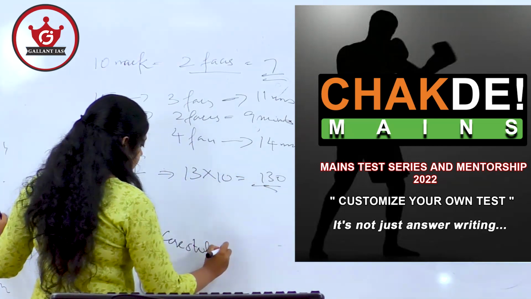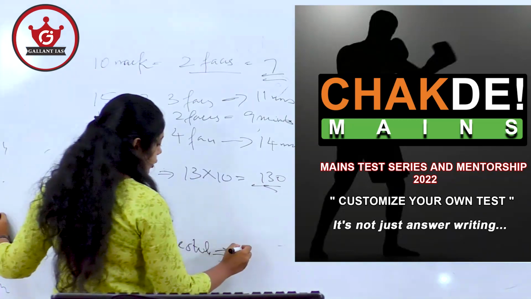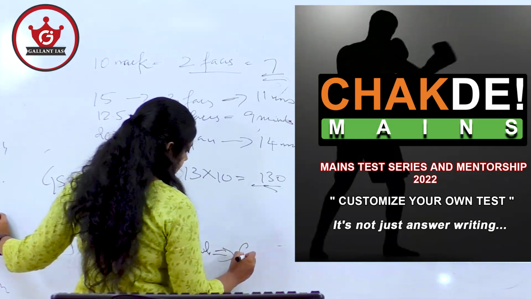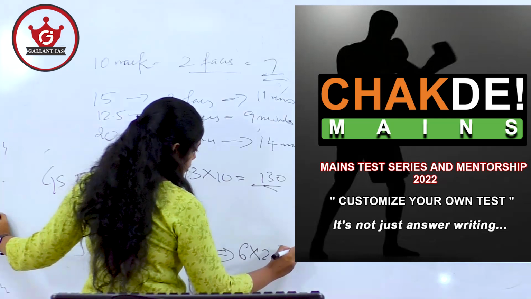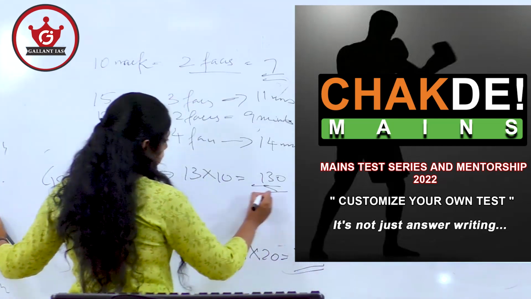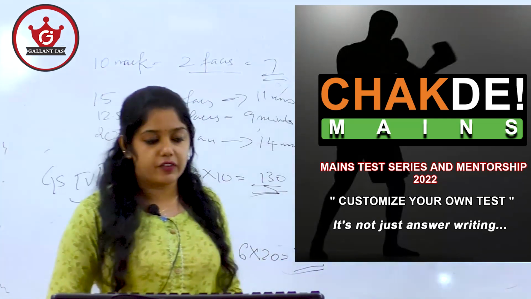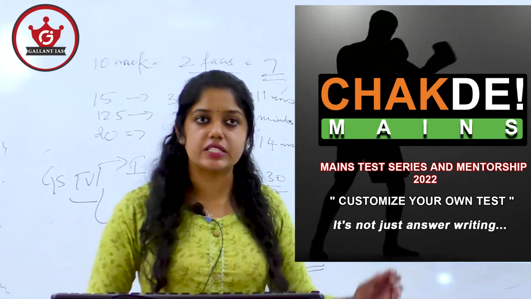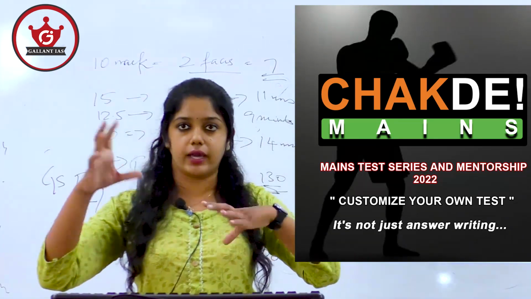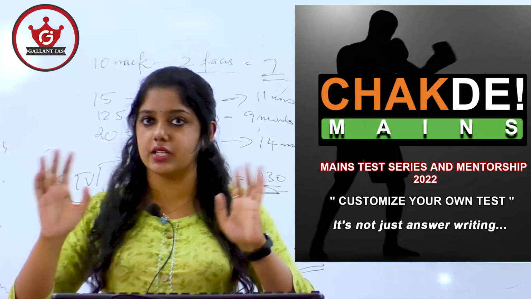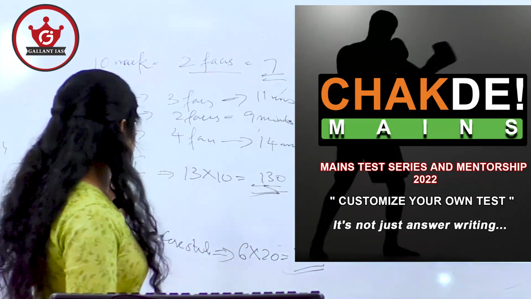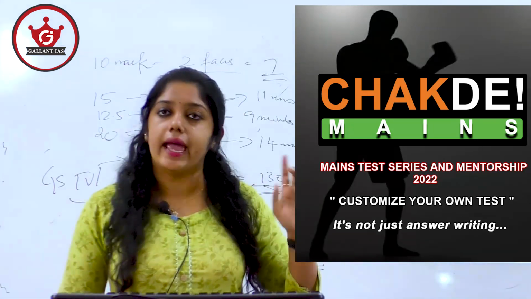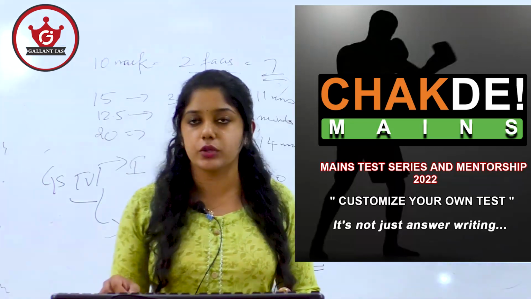And in the subpart of case studies, we will have 6 questions of 20 marks each, so 120. So this is the approach for GS4. GS4 alone has a mark shift, not the exact model of GS1, GS2, GS3. It comprises 13 ten-mark questions and 6 twenty-mark questions. This is how the question paper looks.